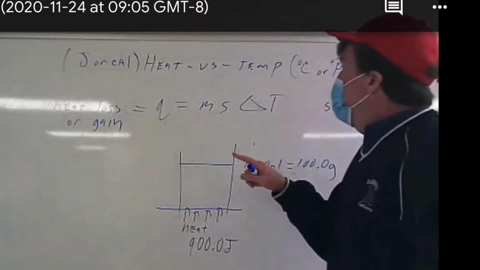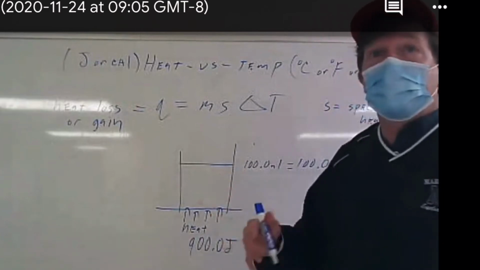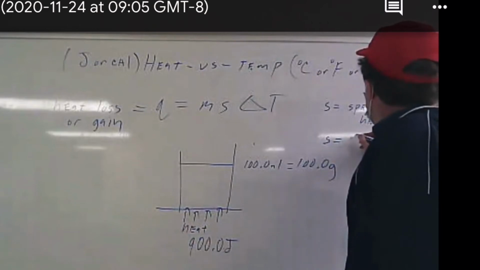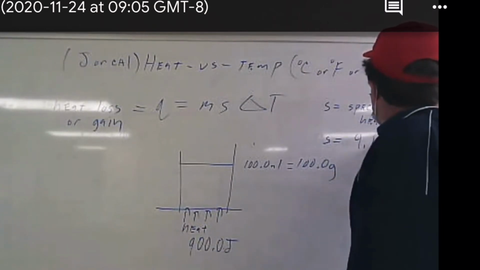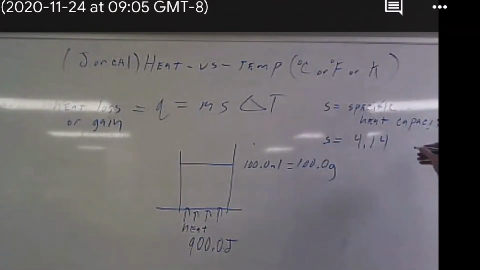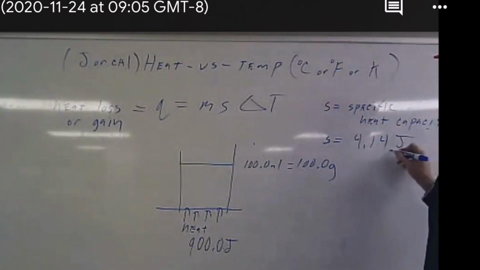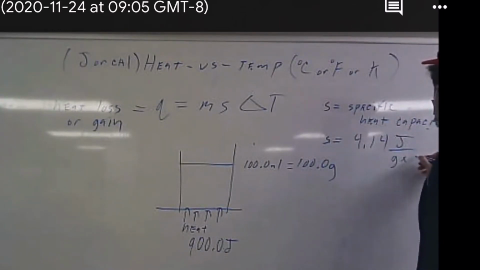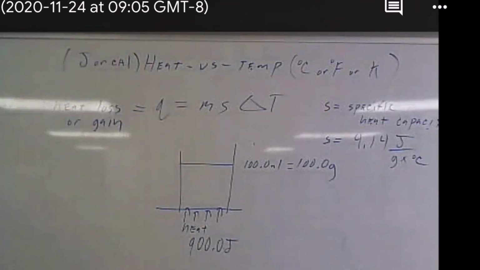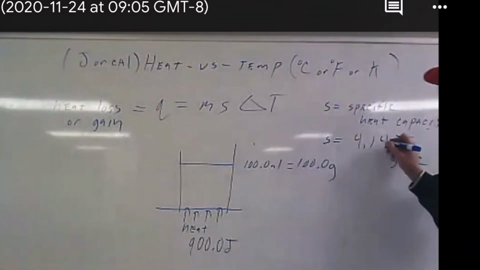Well, what is the specific heat capacity for liquid water? S equals 4.14 joules over grams times degrees C. Actually, squeeze in an 8 here.